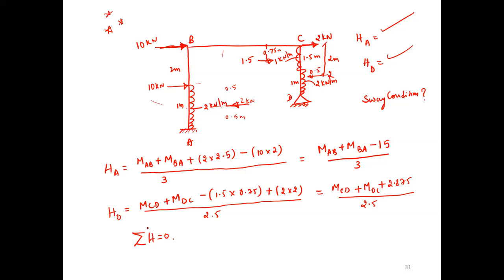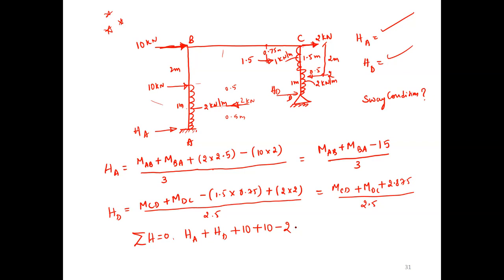If you take sigma H equals 0, what are you getting? HA plus HD. Here you are having HA, here you are having HD. Okay. HA plus HD plus 10, plus 10, plus 2, minus 2.